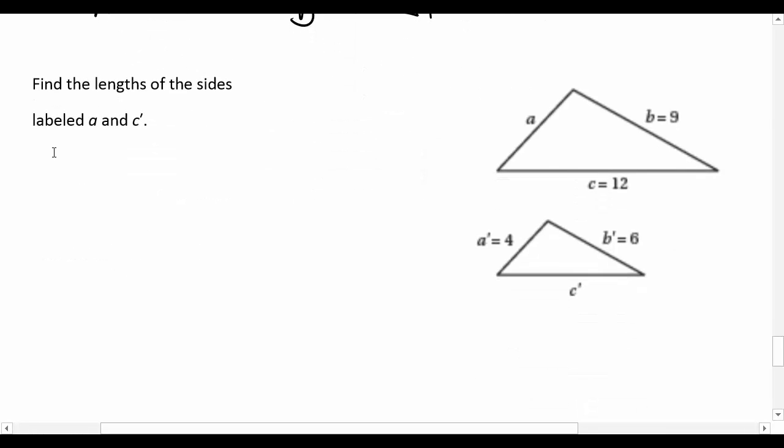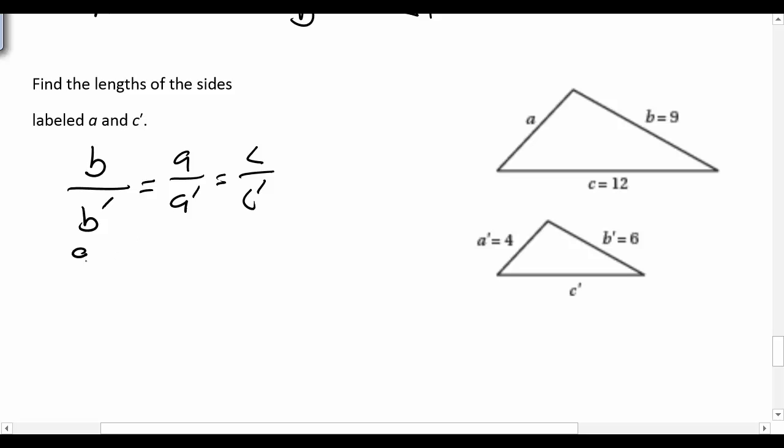So for example, find the lengths of sides labeled A and C prime, it looks like.